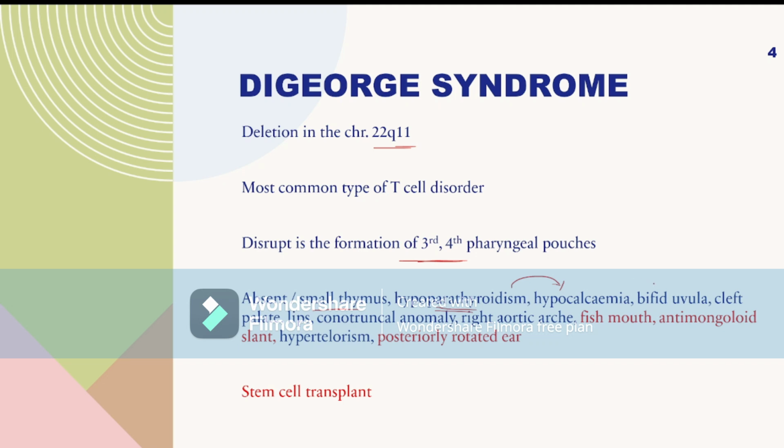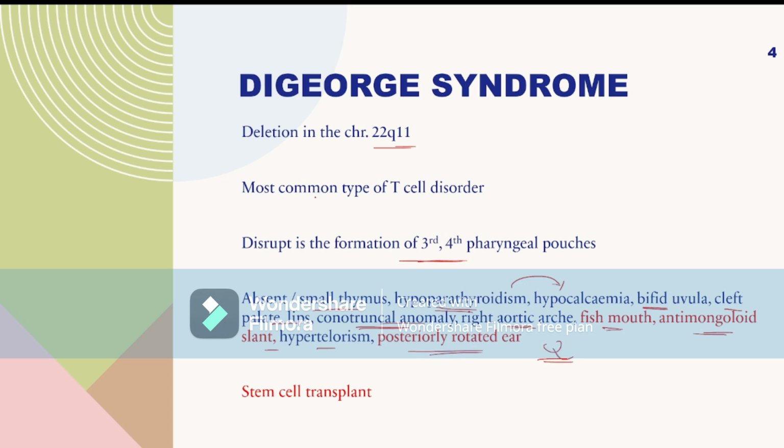And as the face is not fully formed, we can see bifid uvula, cleft palate and cleft lip, and the child suffers from cardiac problems like truncus arteriosus or atrial anomalies or right aortic arch defect. Fish mouth facies is seen, and antimongoloid slant is also seen, along with posteriorly rotated ears. These all are MCQs.